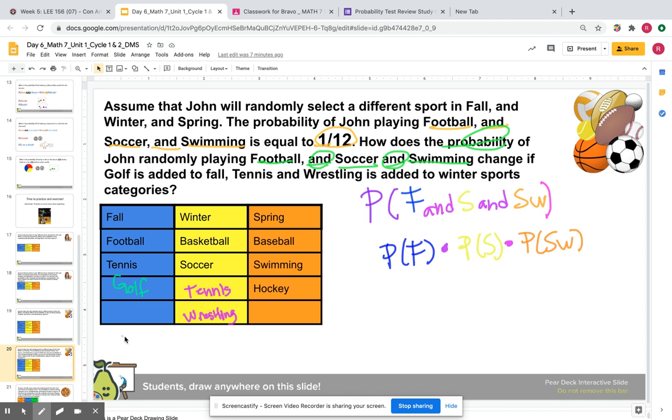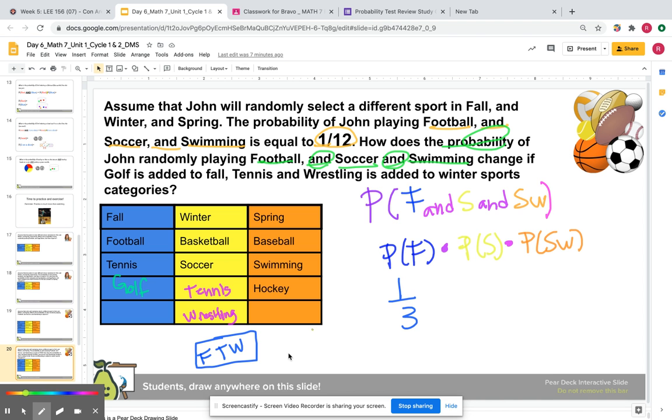So based off the first little box for fall, we now have football, tennis, and golf. If I randomly select in this box, what is the probability of selecting football? There's 3 options and only one football, so it's 1/3. Now let's look at the other box in yellow.